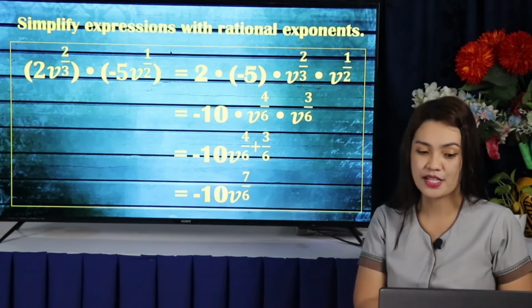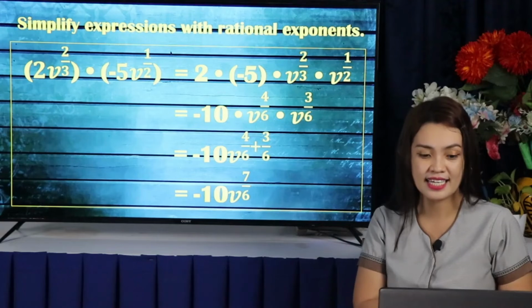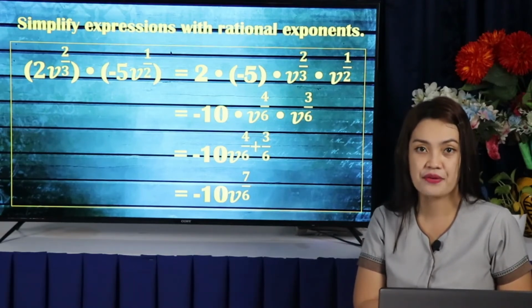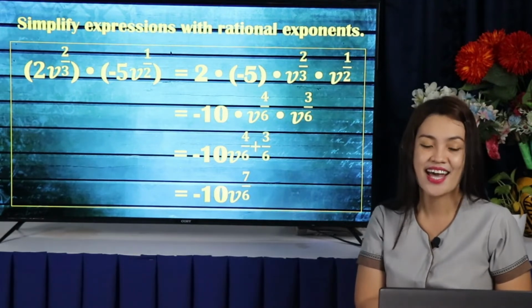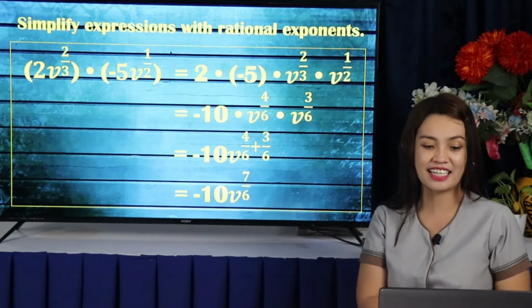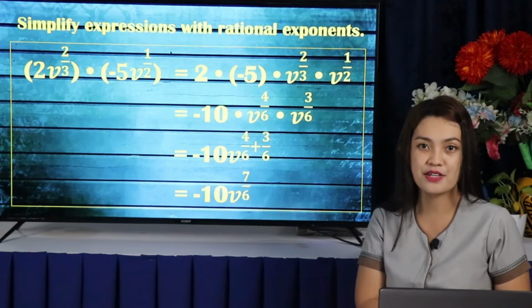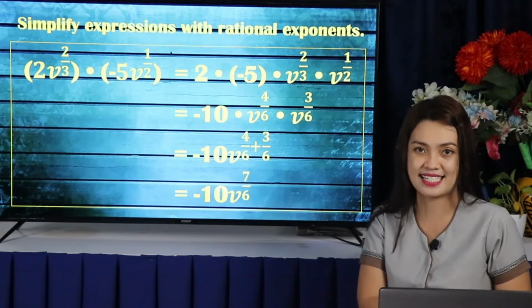So that is equal to -10 v raised to the power of 4/6 plus 3/6. Hence, the simplified form is -10 v raised to the power of 7/6.